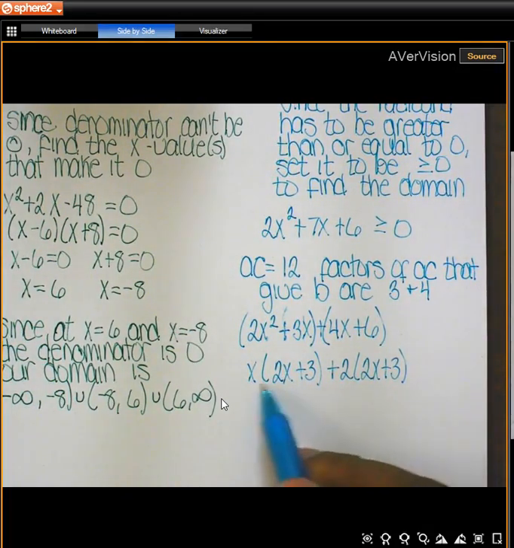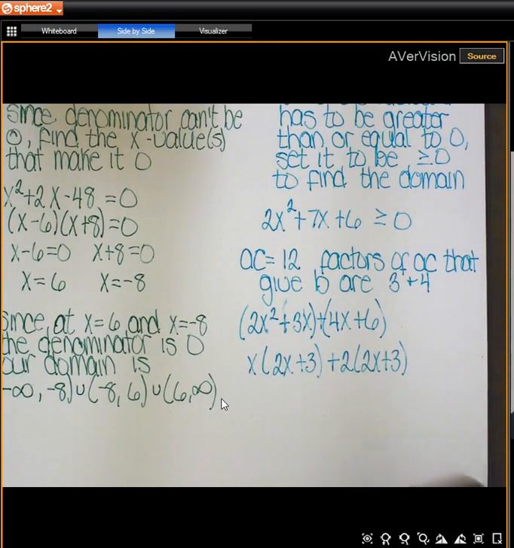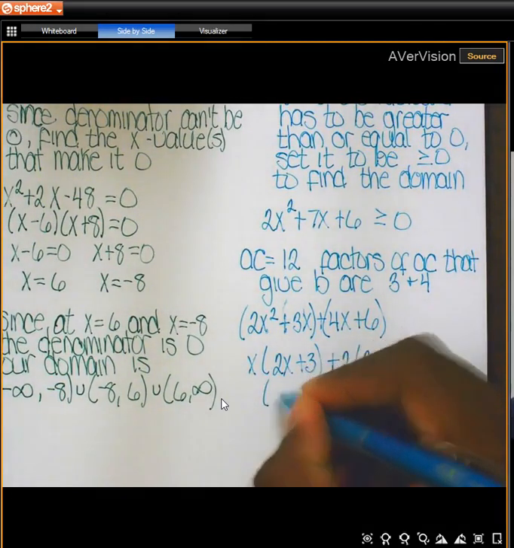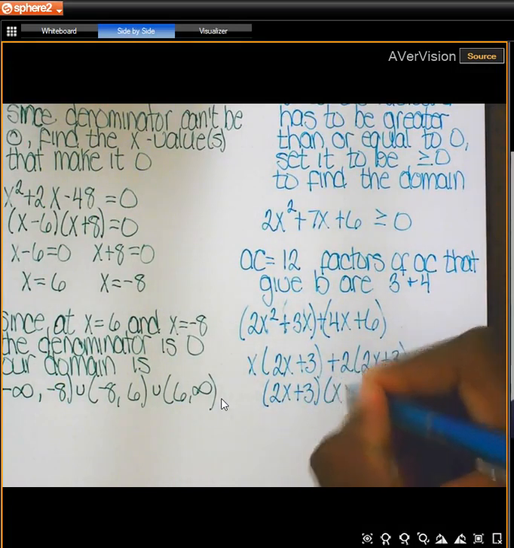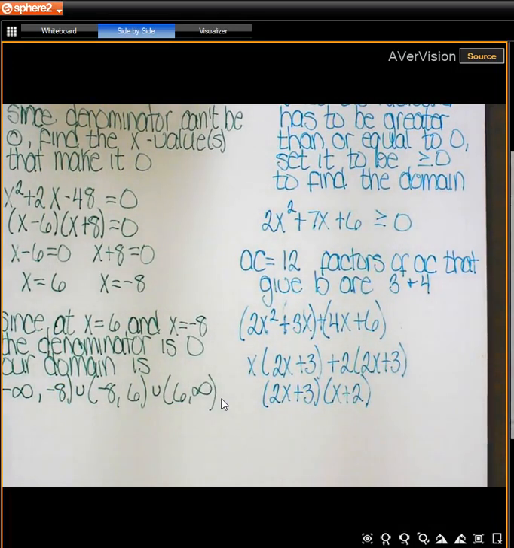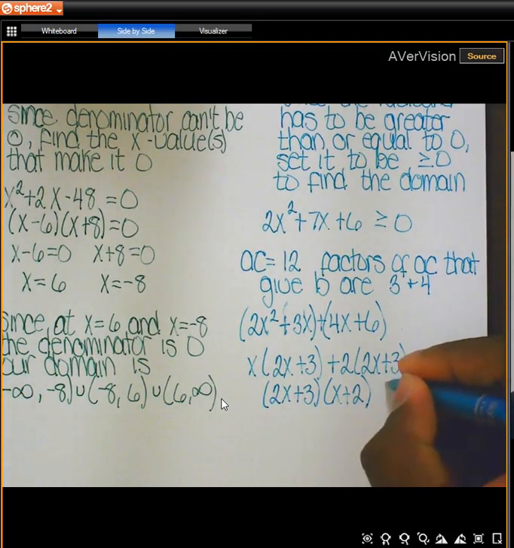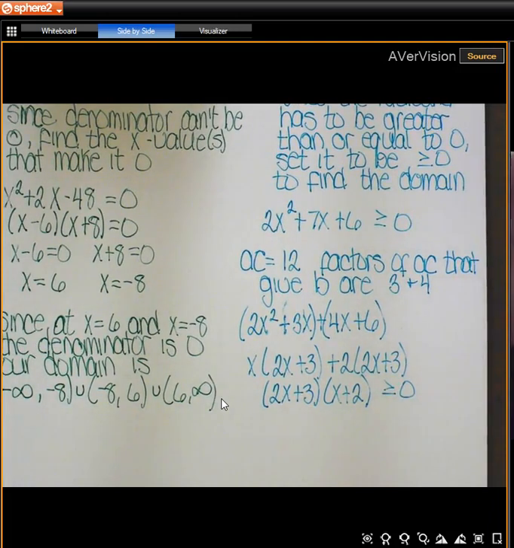Now we have 2 terms. What do these 2 terms have in common? And if we take out a 2x plus 3, we're left with x plus 2. Now what do we do?